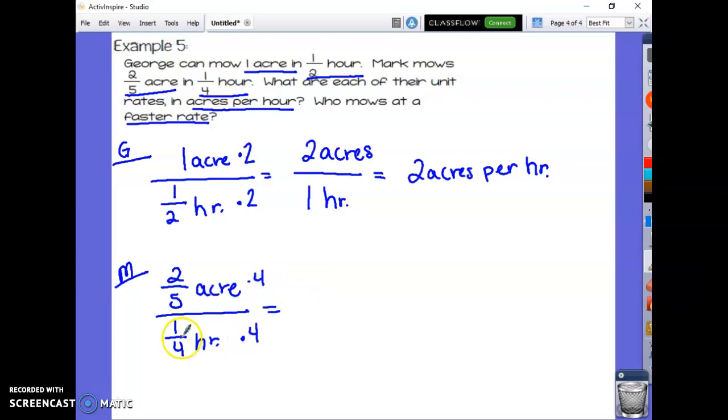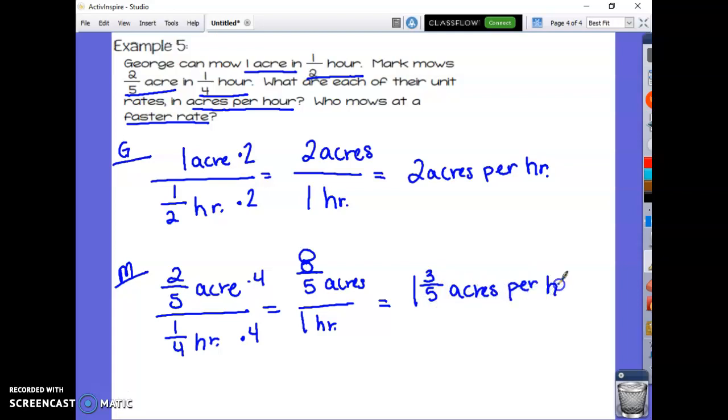So when we multiply the bottom by 4, we end up with 1 hour in the denominator, and then 4 times 2 is 8 over 5 acres. And when we simplify this, we end up with 1 3/5 of an acre, or acres per hour.